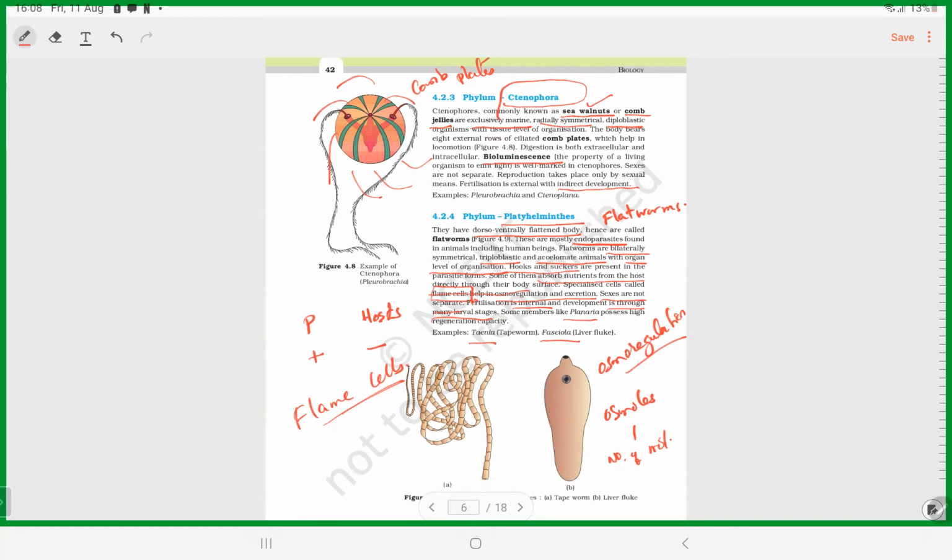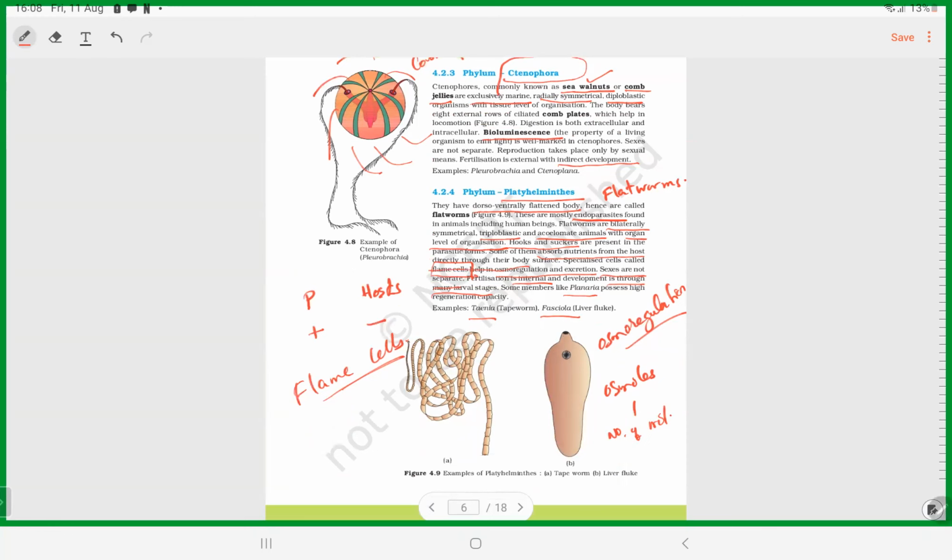Very good. Second question, someone else can come and tell me the common names of three types of worms which we saw now. Phylum 4, 5, 6. There are three types of worms or helminths we are seeing. What are the common names of these worms? Please, someone come and tell me.